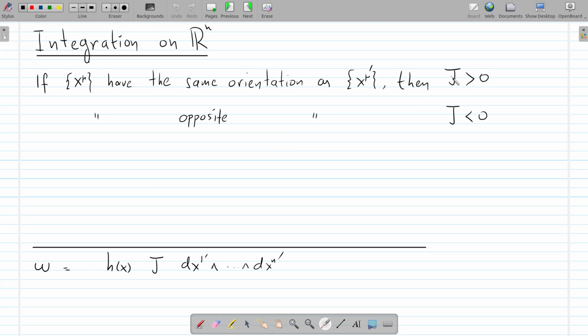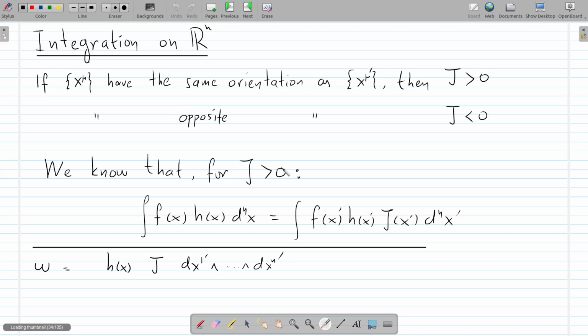So if this Jacobian is positive, then we say that the new coordinate system defines an orientation which is the same as the one that x mu defines. But if j is negative, then the two coordinate systems define an opposite orientation. Now we see that the two integrals are the same if the orientation is the same in both coordinate systems.